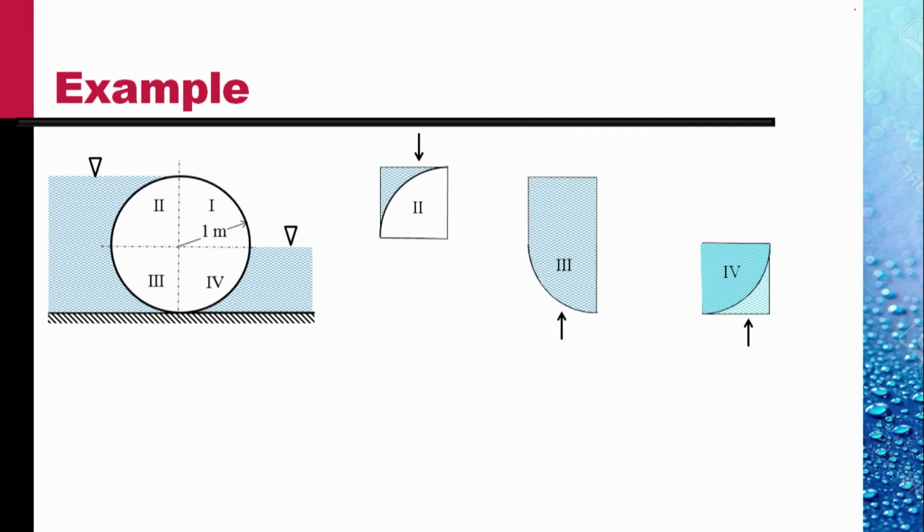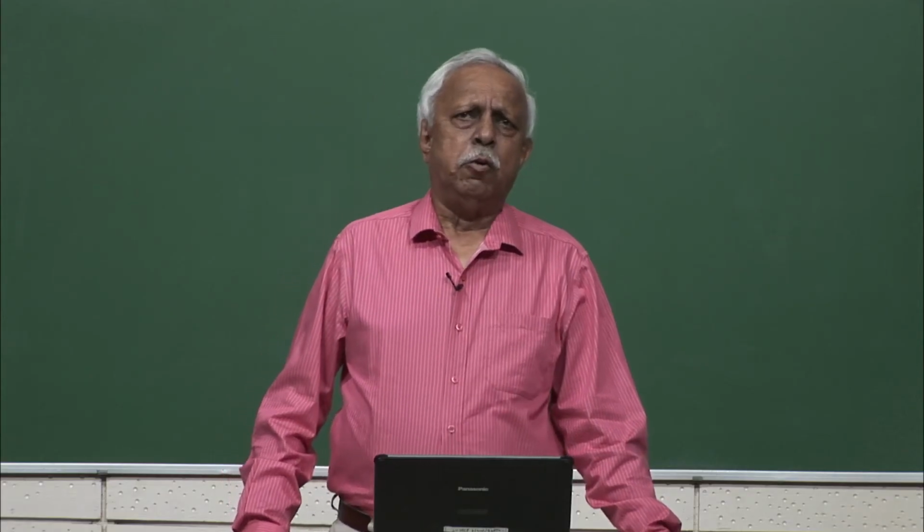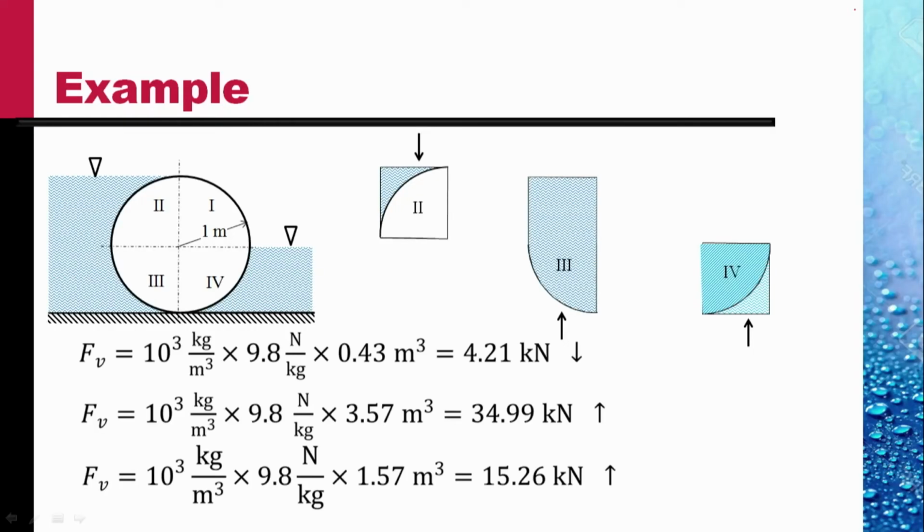So, per unit depth, we can evaluate these areas and find out the total force. On quadrant 2, the force is downward, while on quadrant 3 and quadrant 4, the force is upward. On the quadrant 2, the force is 4.21 kilonewton downwards, and on the third and fourth quadrants, they are 34.99 kilonewton upwards and 15.26 kilonewton upward.